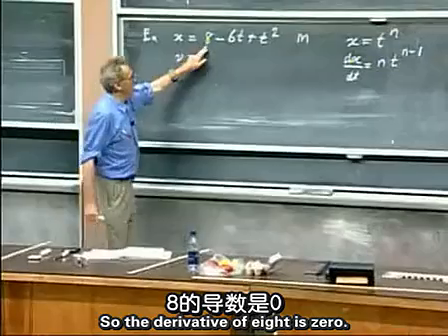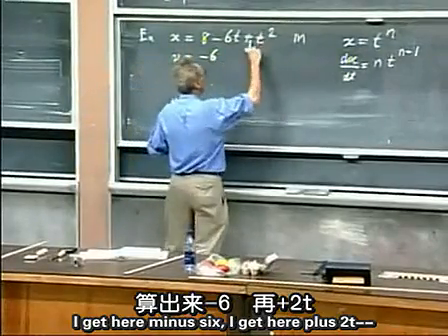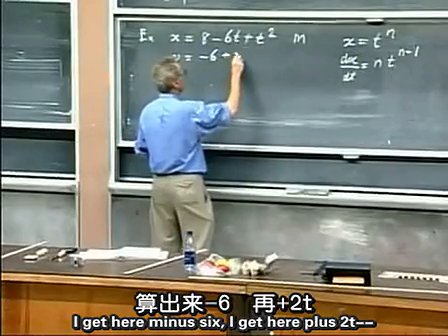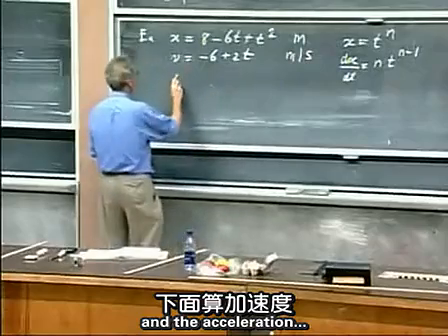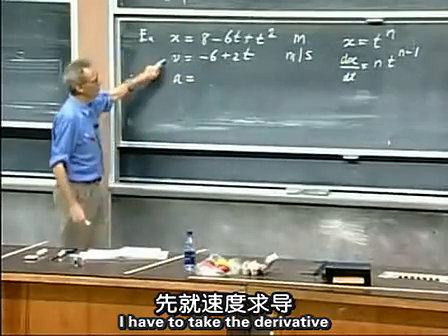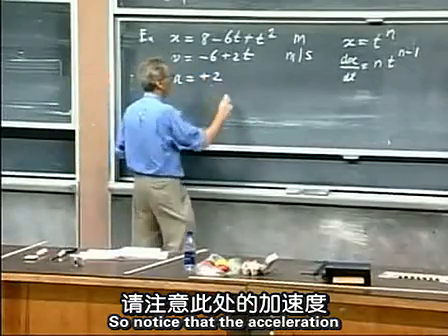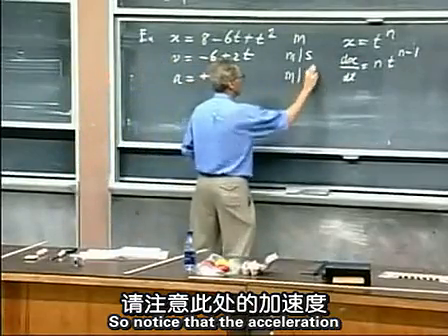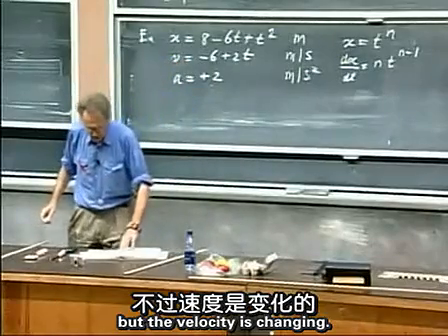So the derivative of 8 is 0. I get here minus 6. I get here plus 2t. This would be in meters per second. And for the acceleration, I have to take the derivative of the velocity. I get plus 2. So notice that the acceleration is constant in time. It's not changing, but the velocity is changing.